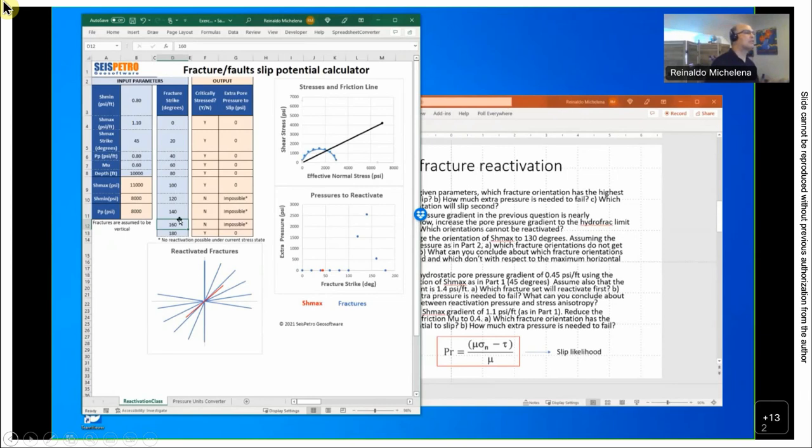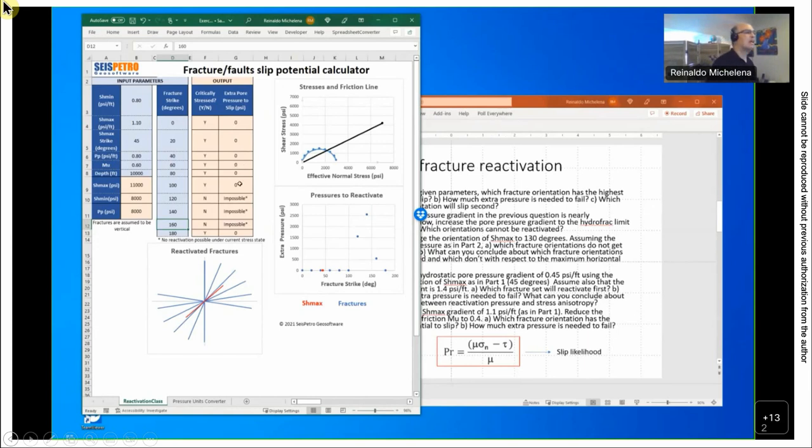And then for these geomechanical parameters and these orientations, it will tell you whether each of the orientations that you are using is critically stressed or not. So it's yes or no. And then it will tell you how much pore pressure you will need, if it's not critically stressed, to reactivate it, how much pressure.